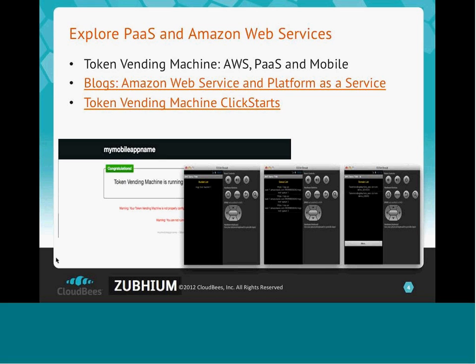Now, I won't go into it here, but simply the idea is that if you want your mobile applications to be able to access Amazon resources, so things like S3 buckets, SQS queuing or notification services, any of Amazon Web Services, obviously, as you know, you have to provide credentials to enable you to access those resources.